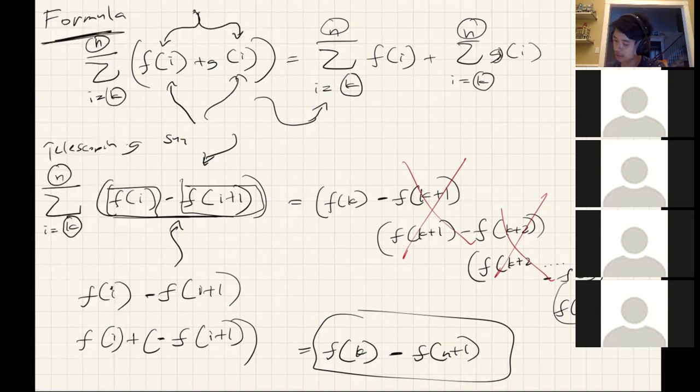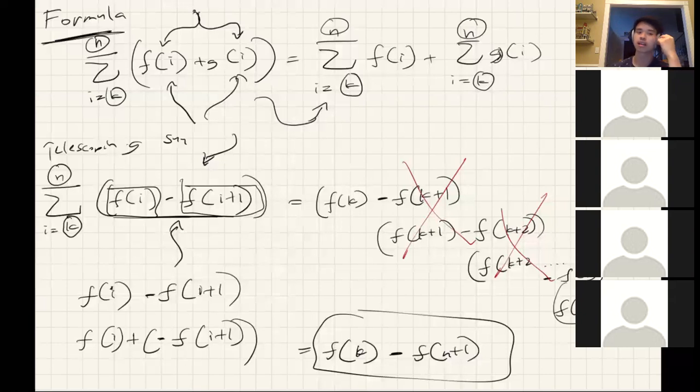I'll leave it up to you to verify that we're only left with two terms: the f of k that we started with at the beginning, and the f of n plus 1 at the end.